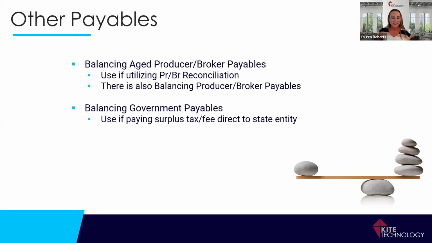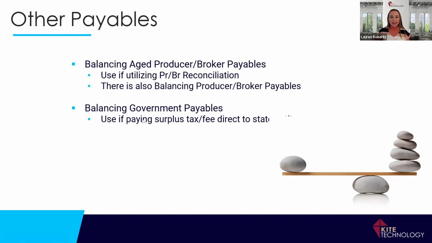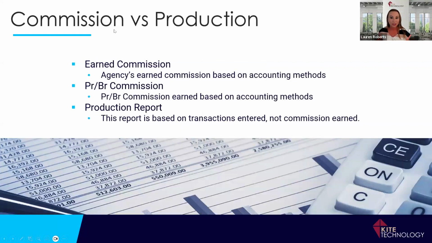All right, so let's move on then. Now, our next area that we were going to talk about that seems very popular in our Q&A is commission and production. In this area of your transaction reports, you've got really two different types of reports that are set up.